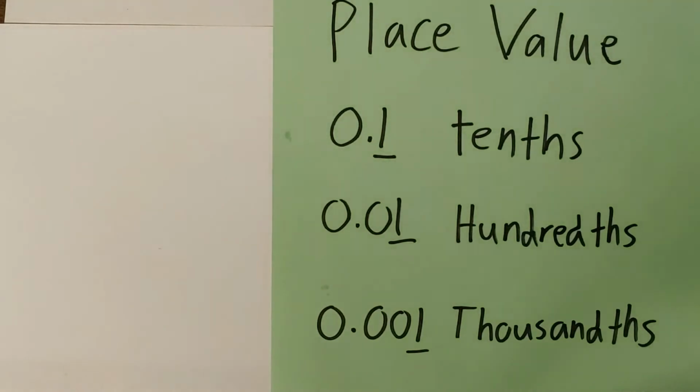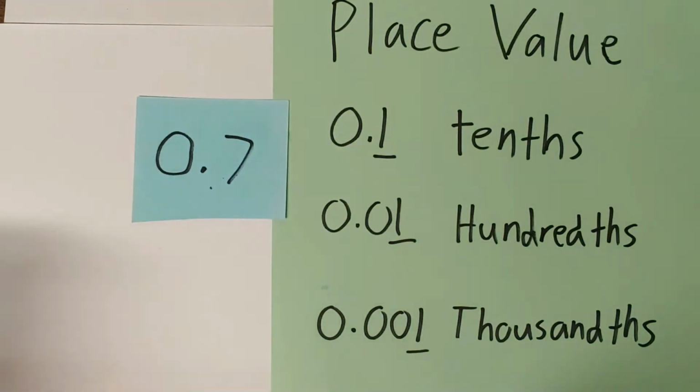Before we can start converting our decimal numbers to fractions, we're actually going to have to change how we typically write or read our decimal numbers. For example, if I put this down here, a lot of people will say, oh, that's 0.7.